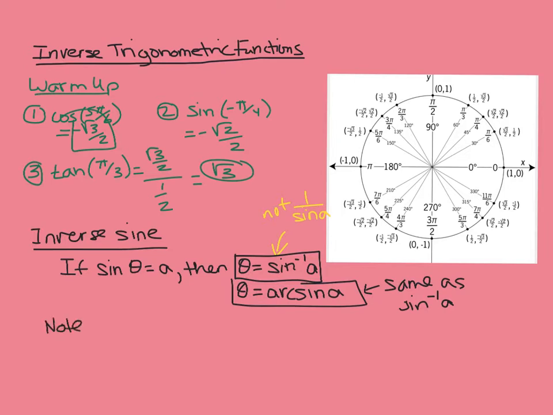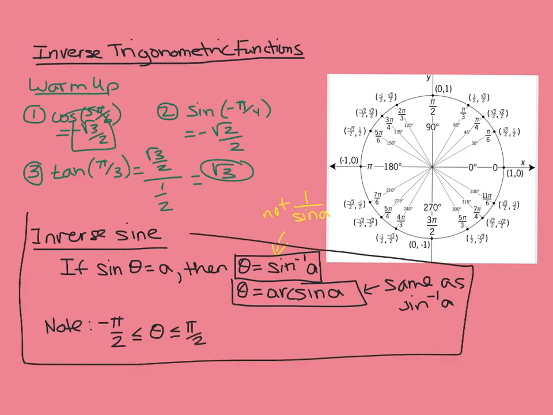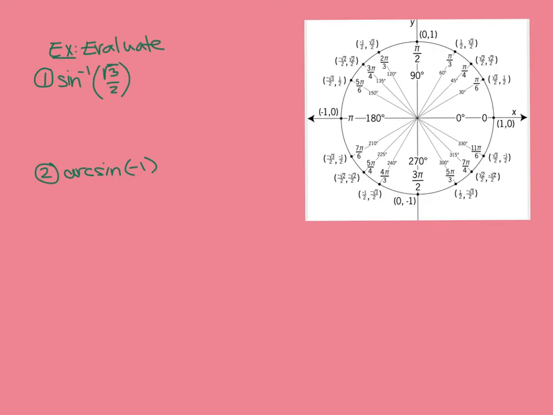Okay, so little note. My note is that in this case, your answer value is always going to be between negative pi over 2 and positive pi over 2. So that's for inverse sine. For these examples, we are going to be evaluating the inverses.